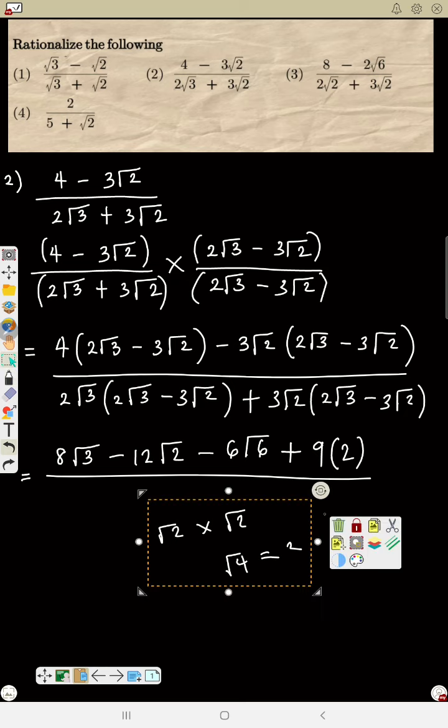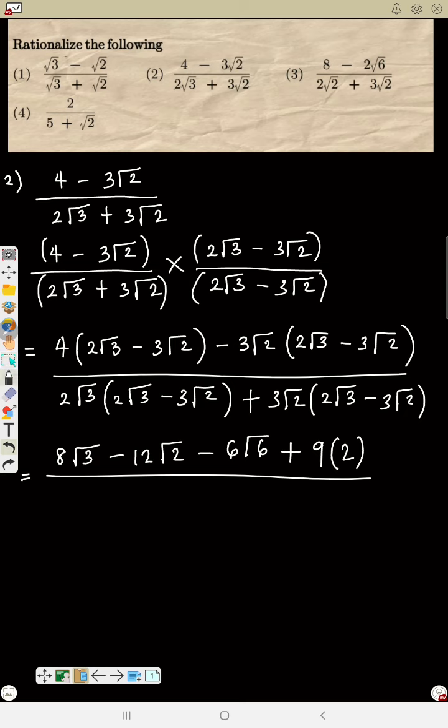So like that. Divided by, multiply the denominator also. 2 root 3 times 2 root 3. You first do 2 times 2, 4. Then root 3 times root 3, they are the same, that is 3. Then minus 2 times 3, 6, then square root of 3 times 2, 6.